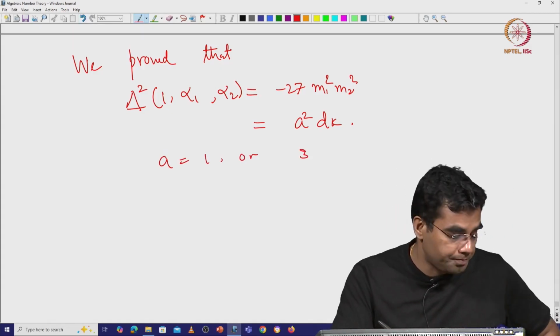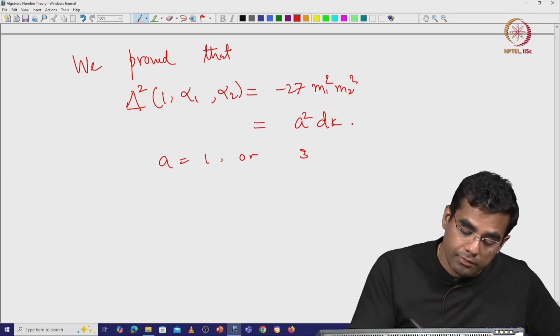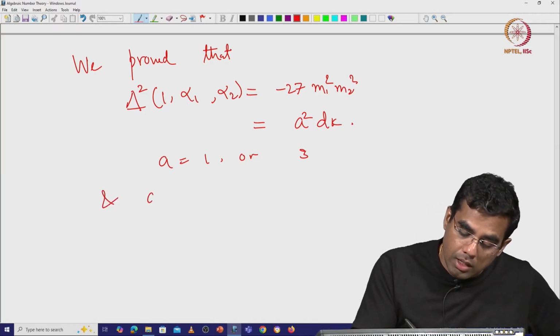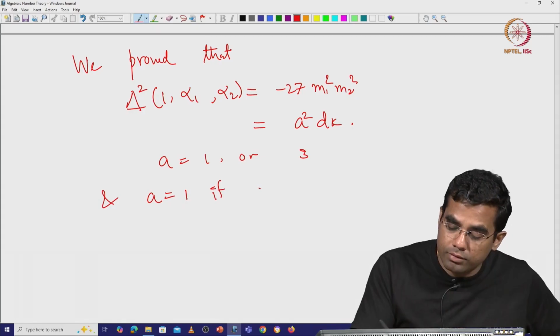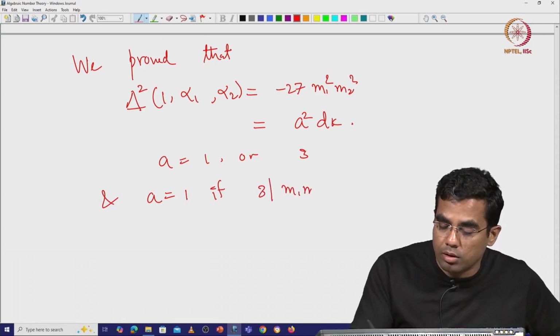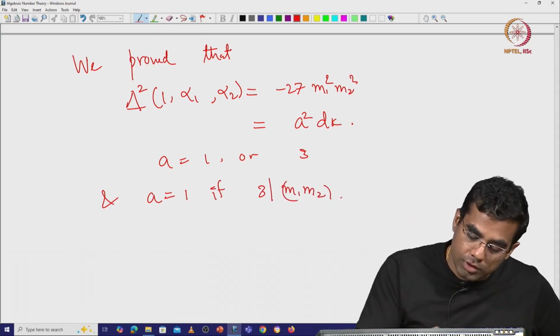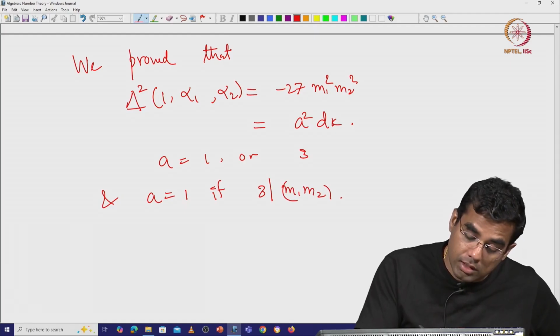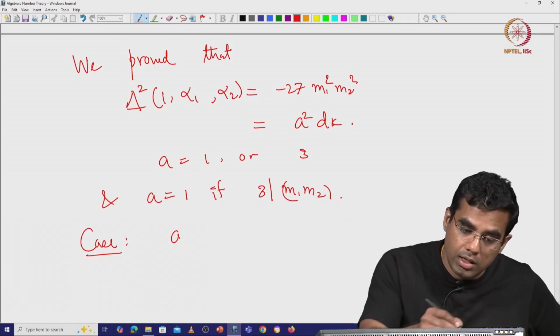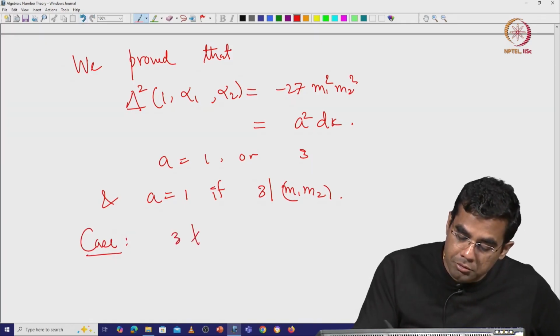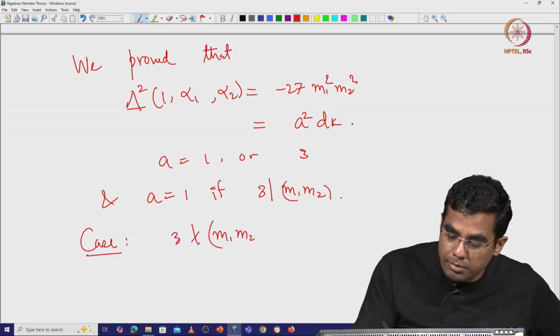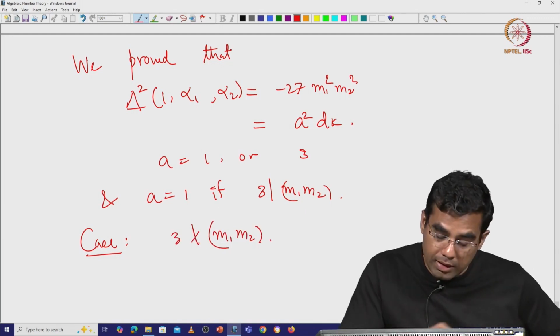And we proved that a is 1 if 3 divides m1 or m2. So, the remaining case is that 3 does not divide m1 m2. What happens in that case?